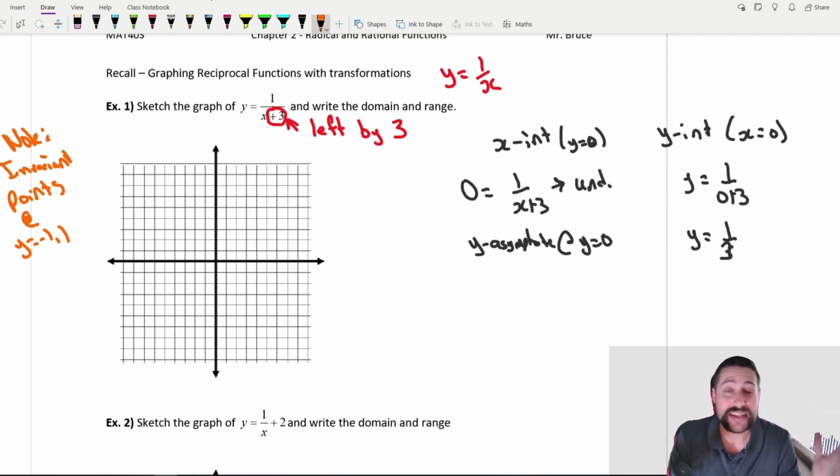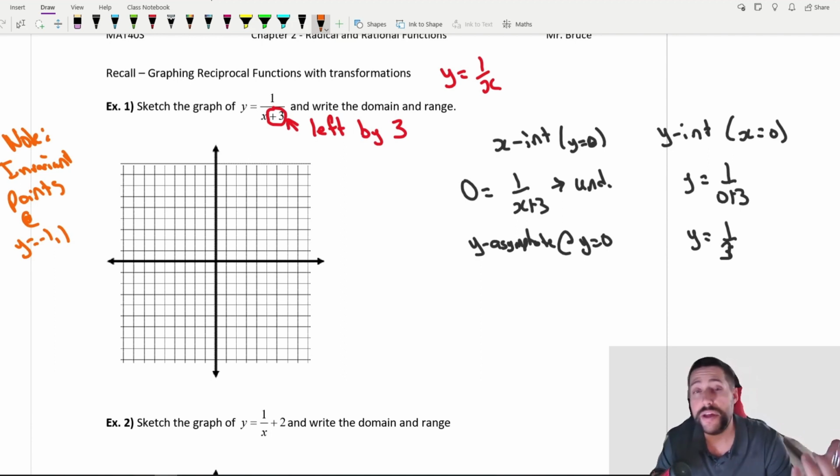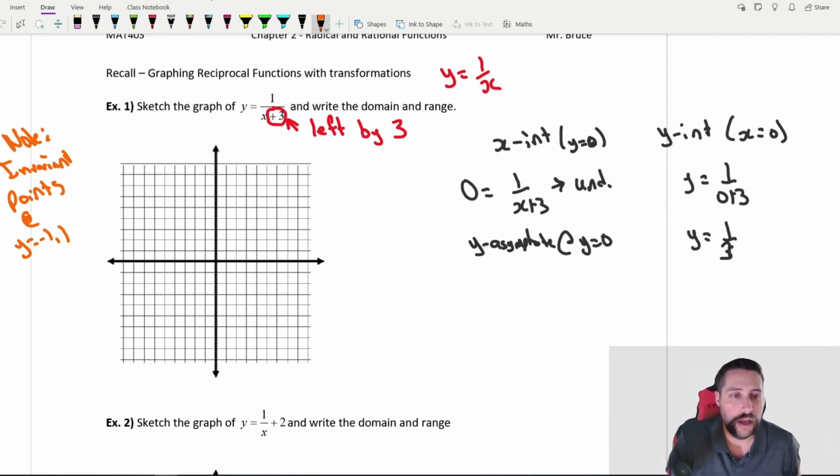It was at x equals 0 before, but now it's going to be at x equals -3. You can figure that out by putting that number in: if x is equal to -3, then -3 plus 3 gives you 0, and 1 over 0 does not exist. So we'll go 1, 2, 3 and draw a dashed line to signify that this is an asymptote, x is equal to -3.